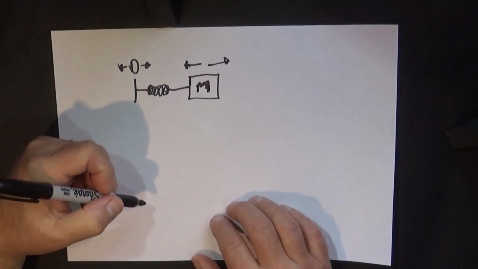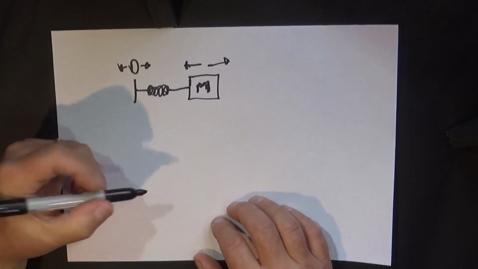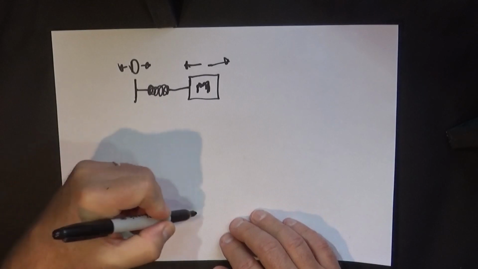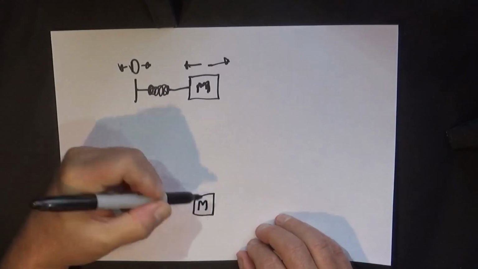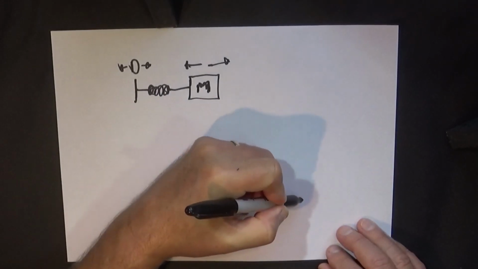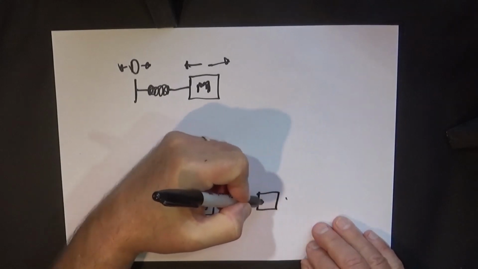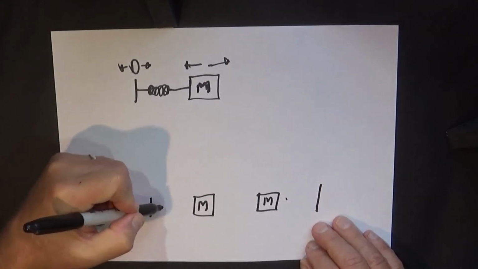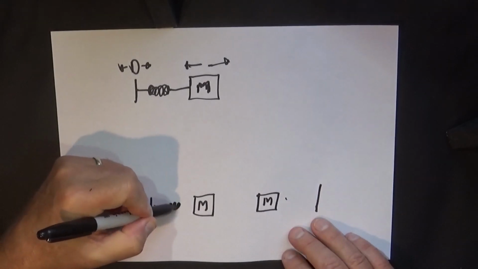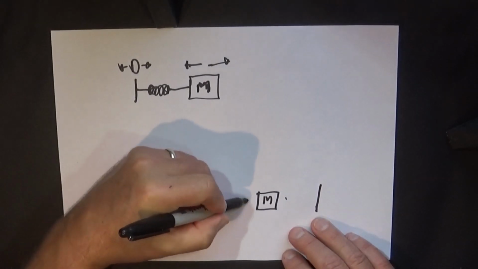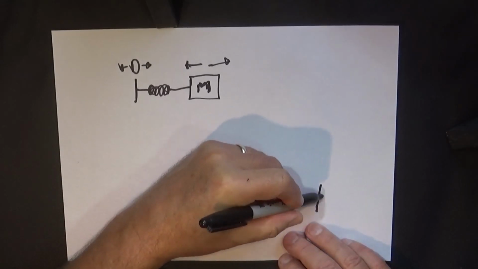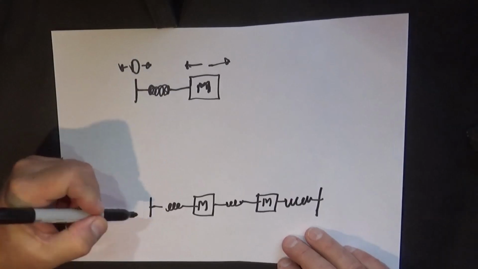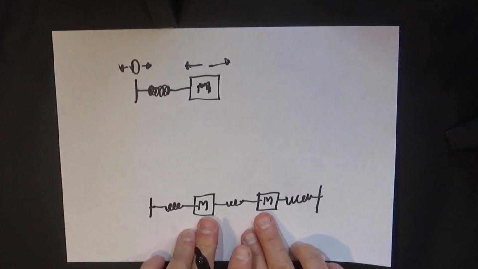So with a coupled oscillator, and the simplest one, traditionally you would have two masses with springs between them like that, and these will resonate.